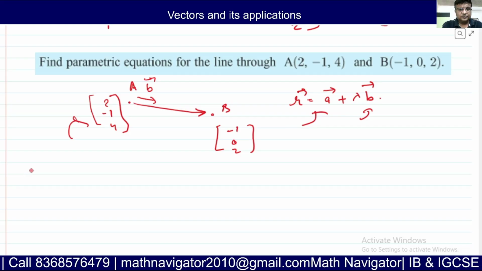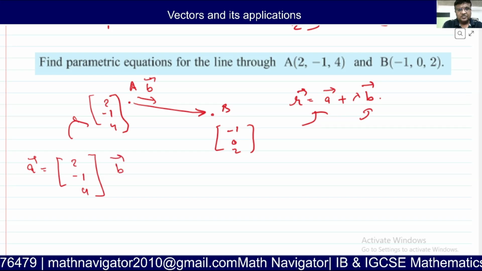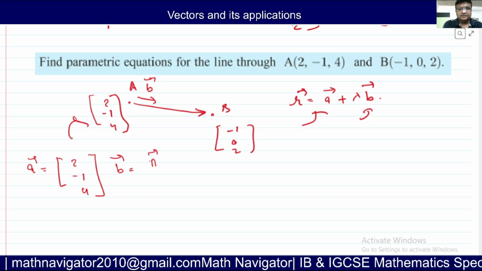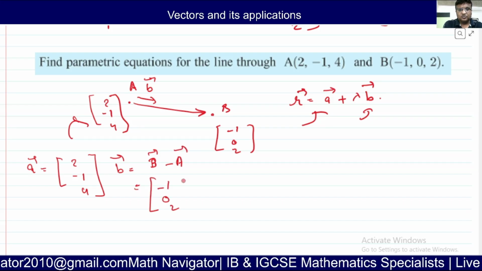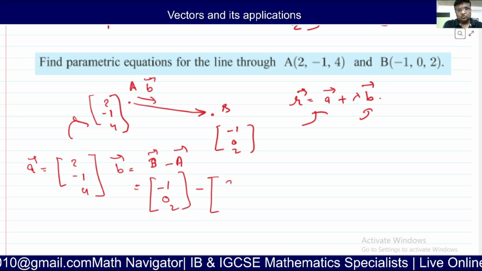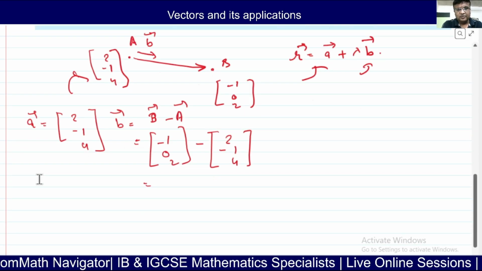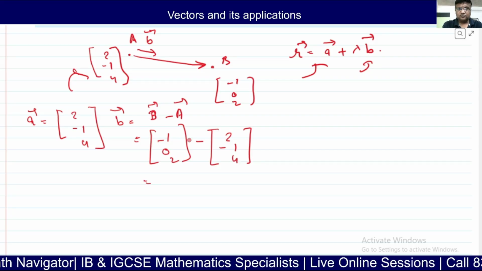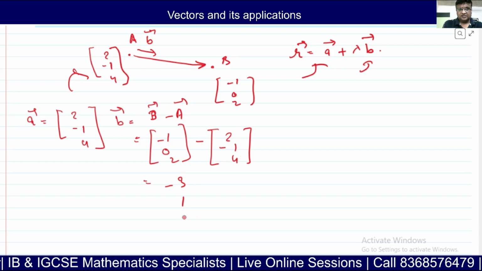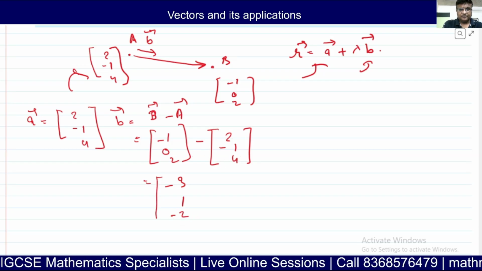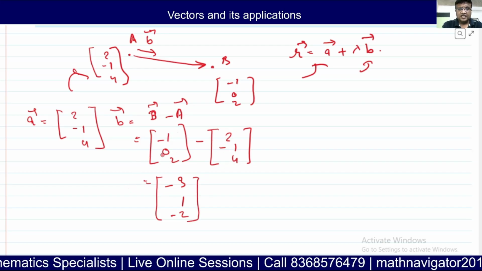I'll write vector a as (2, -1, 4), and vector b, the direction vector, is vector b minus vector a, which is (-1, 0, 2) minus (2, -1, 4). So -1 minus 2 is -3, 0 plus 1 is 1, and 2 minus 4 is -2.